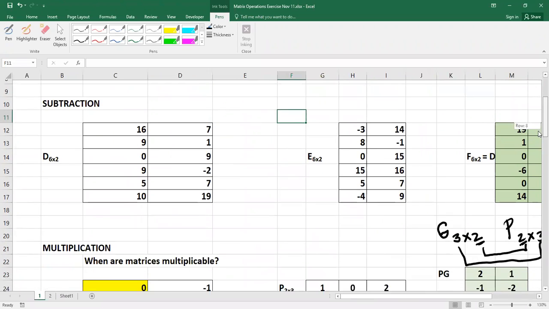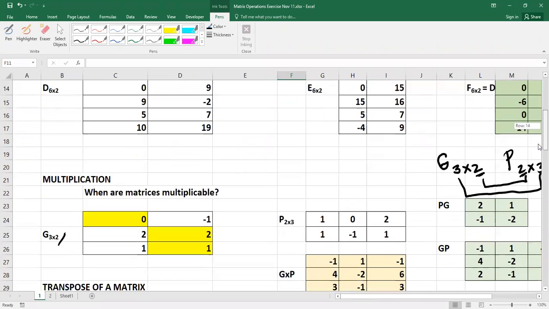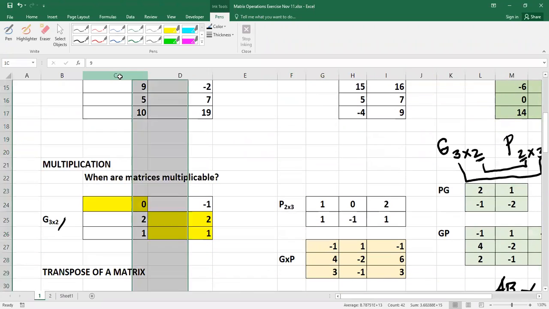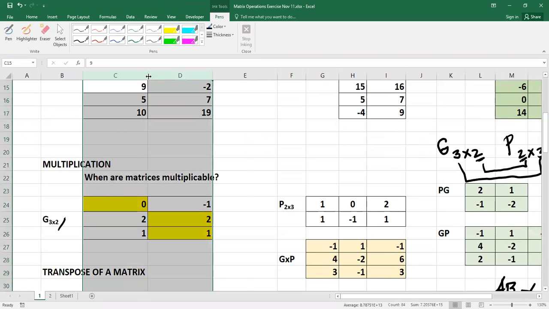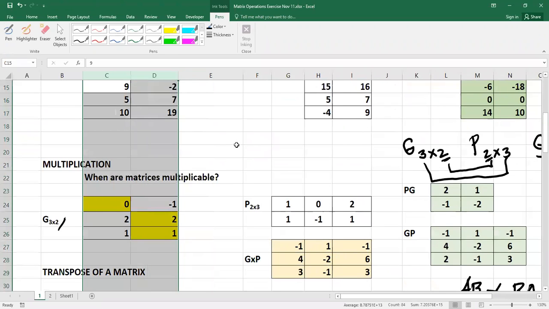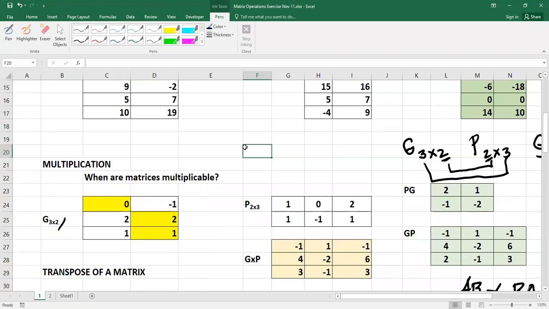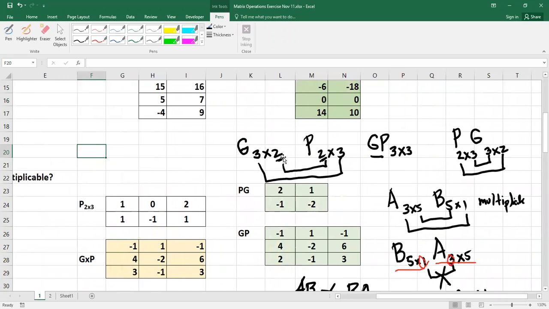Now, we also discussed the multiplication of matrices, and we said that matrix multiplication follows a particular rule. Two matrices are multiplicable if the column of the first matrix is the same as the row of the second matrix.